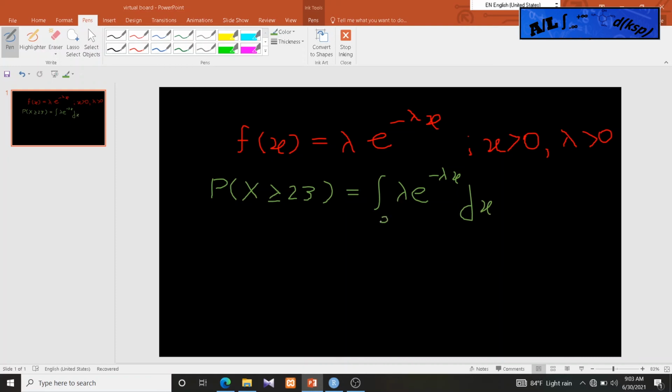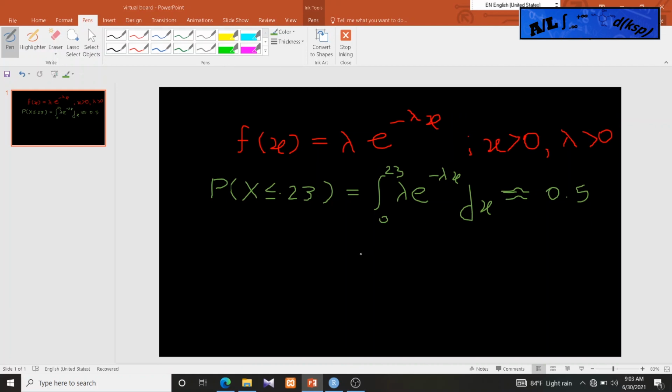From 0 to 23. There is something wrong with this case. It should be treated as less than or equal to, because we are going to do it from 0 to 23. It's better now. My approximation is that this is going to be approximately equal to 0.5, because I have picked the median here.